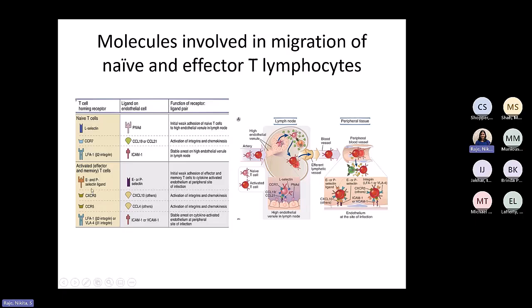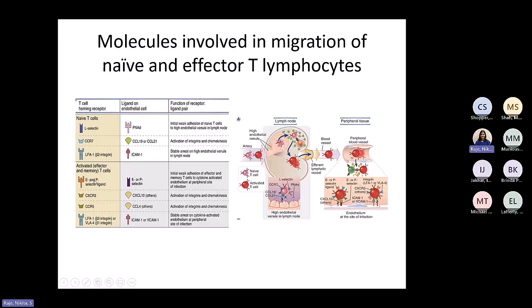And they bind to the E and P-selectin present on endothelial cells. The L-selectin on naive T cells compared to that will bind to the selectin ligands on the endothelial cells of HEVs called peripheral node addressin, which is different in different lymphoid tissues. CCR7 binds to CCL19-21, and then LFA-1 binds to integrin ligand ICAM-1.